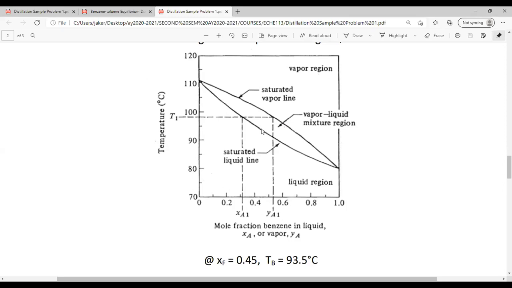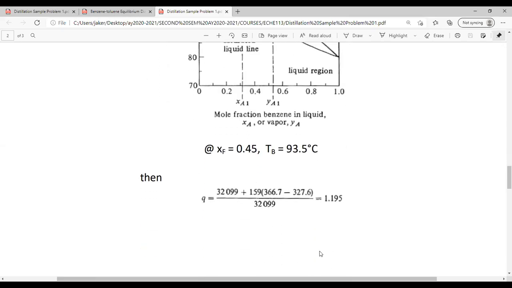Now from this graph, you'll see that your boiling point is 93.5, more or less, because this is 95 and this is like 93, if you have the 0.45 in here. So you have now the boiling point of your feed. Now with that known, you just have to substitute. You convert this relative temperature to absolute temperature.